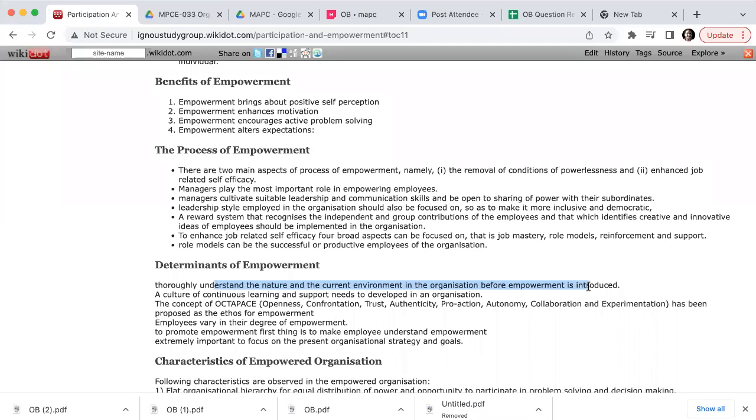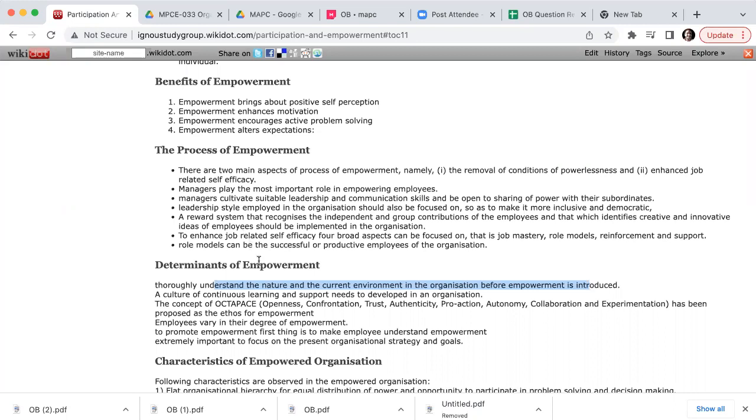Imagine what would happen if you empower your soldiers to do whatever they want in the battlefield. Everybody in a different direction. Nobody can guard it together. So empowerment would not work in certain cases. You need to understand the current environment, and then start the empowerment process.